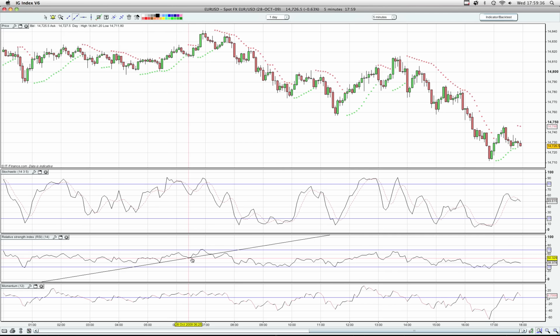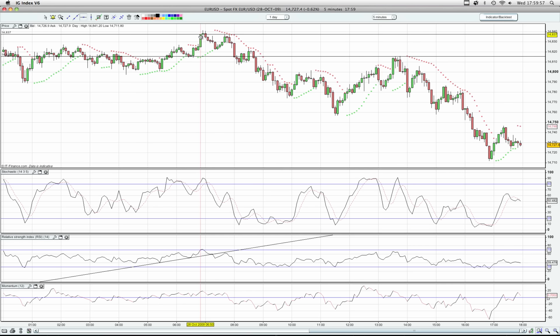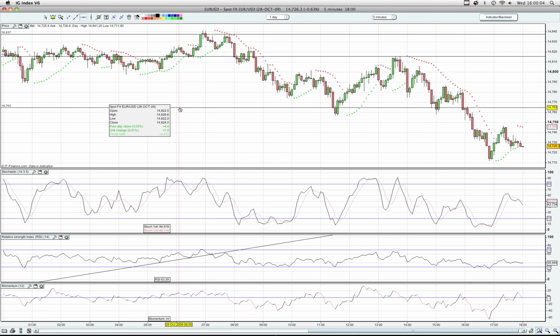So we would measure from here to here, and then where it touches, go long. So we would be coming in here. It whizzes up, and at this point we're touching RSI 70. So you would get out fairly shortly afterwards here.